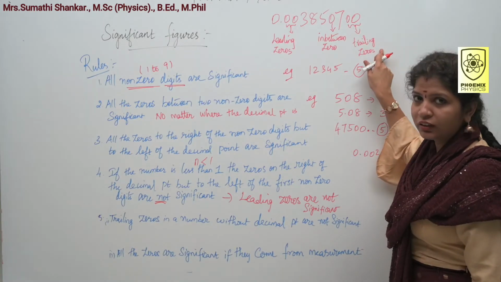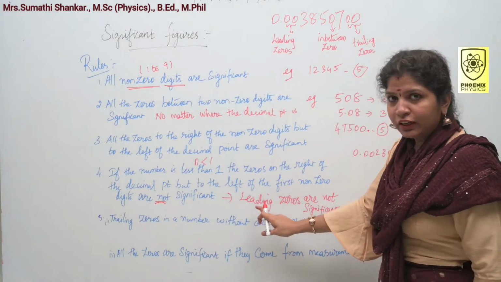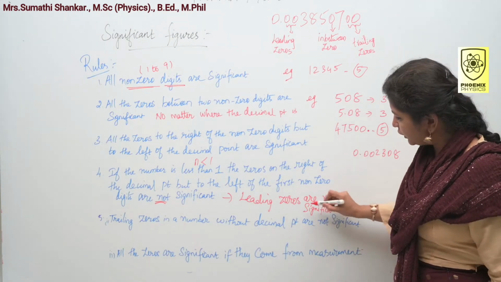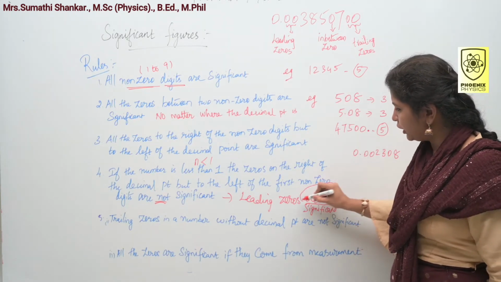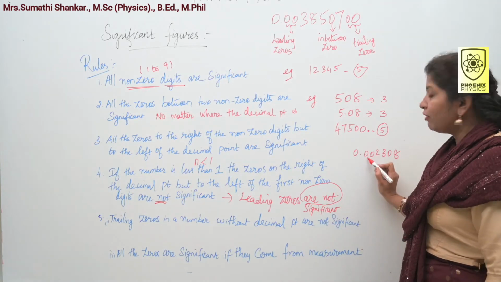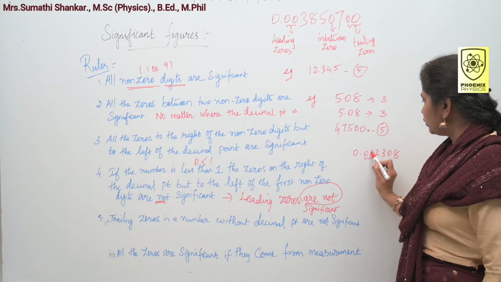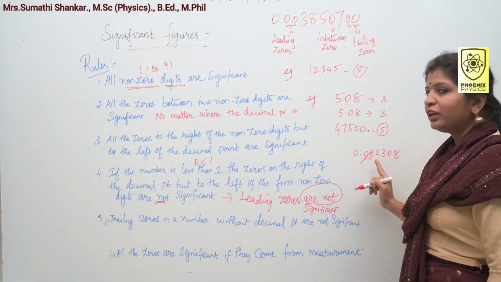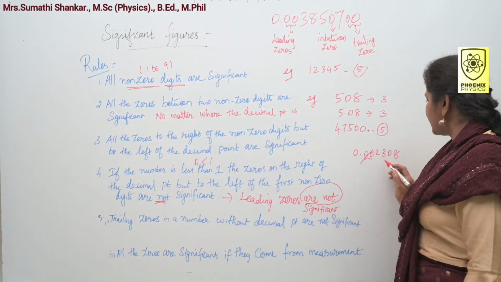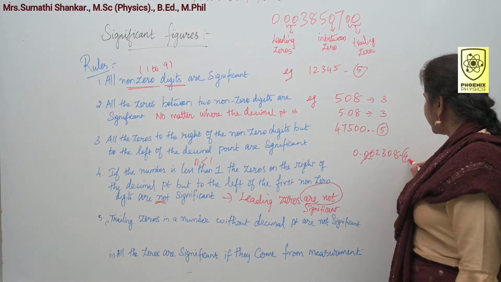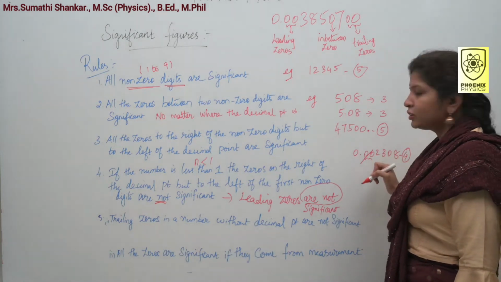Based on this, leading zeros are not significant. So these two are leading zeros, cancel them out. How many significant figures for this number? 1, 2, 3, 4. There are 4 significant figures for this number.